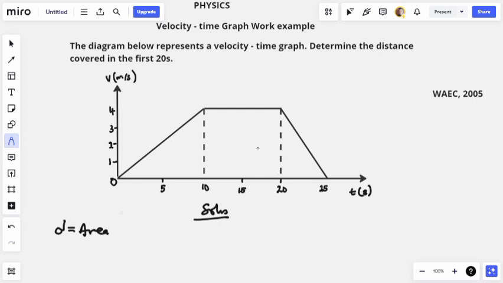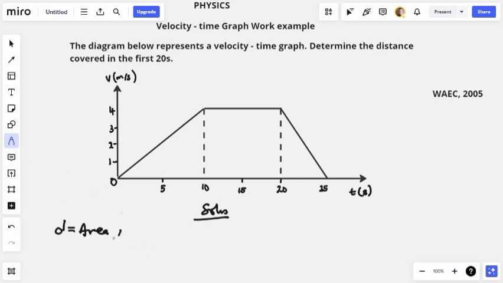But if you don't want to see it as a trapezium, you can also see it as a right angle triangle here first, then second, a square here, in which you find the area of this triangle and add it with the area of this square to still give you the same. But in order to save time of too many analyses, I will go with the area of a trapezium. You can also do both triangle and square, you still get the same result.